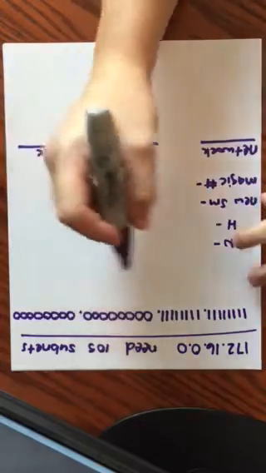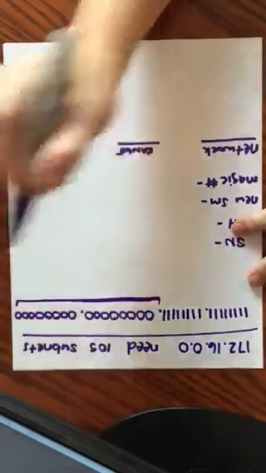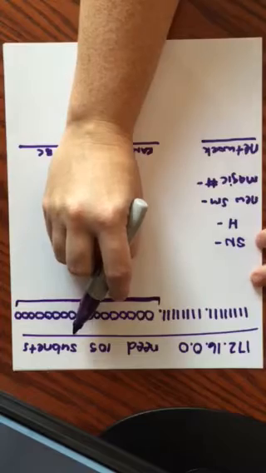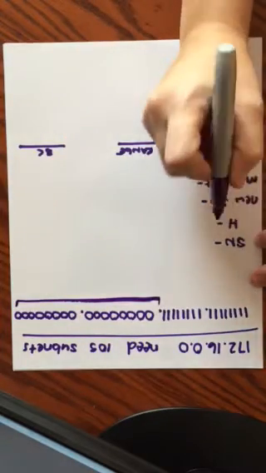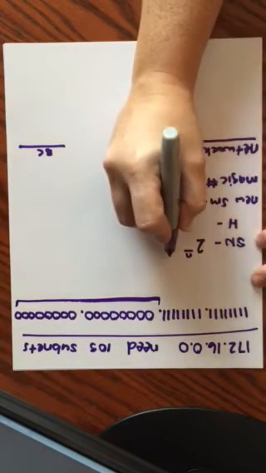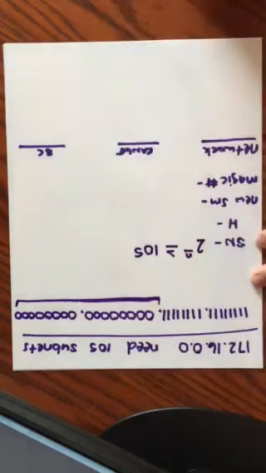Now I need to determine what portion of my host bits is going to be turned on to borrow for my subnetworks. Since I'm solving for subnetworks in this example, I'm going to put my equation in the subnetwork portion. 2 to the n is going to be greater than or equal to 105 subnetworks.